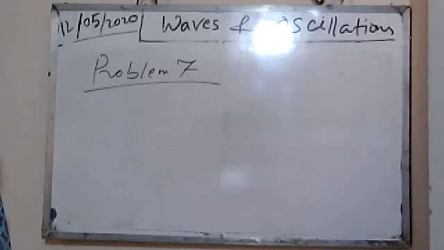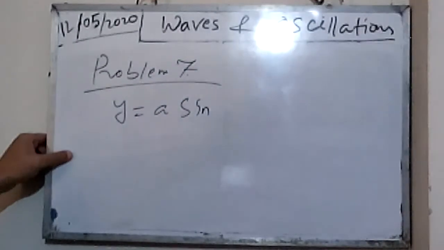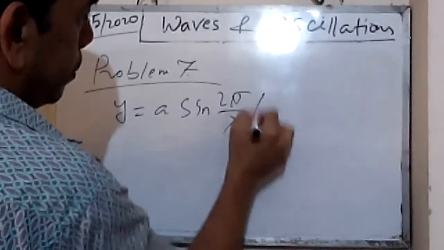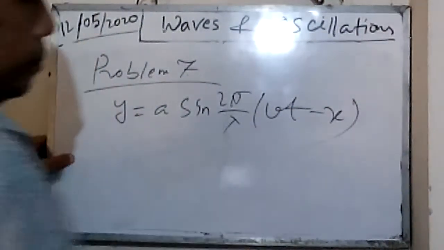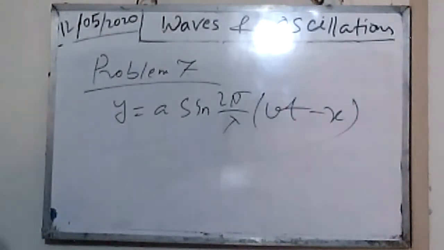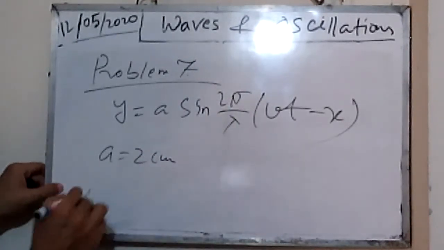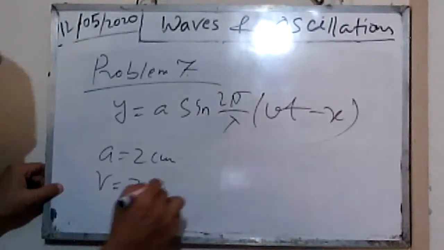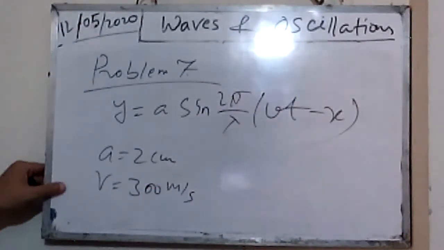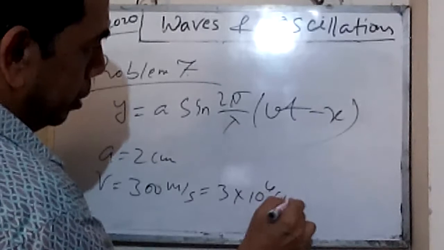Now you can write the equation of the progressive wave: y equals a sine 2 pi by lambda (vt minus x). Amplitude A is given as 2 cm, and velocity v is given as 300 meter per second, equal to 3 into 10 to the power 4 centimeter per second.